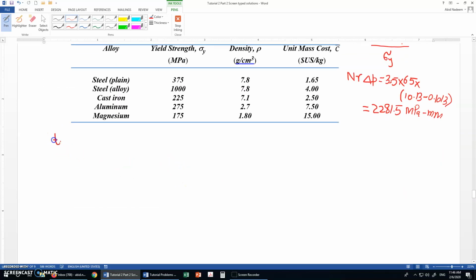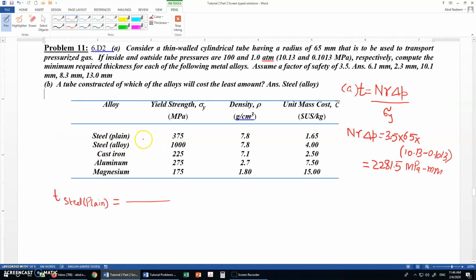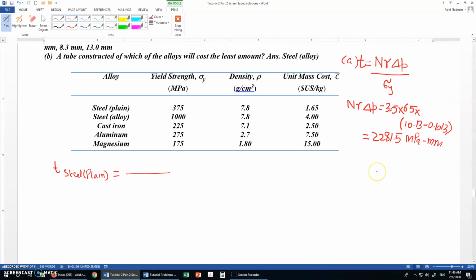So for example, for plain steel, the thickness will be equal to this value, 2281.5, divided by its yield strength, which is given as 375 megapascal.